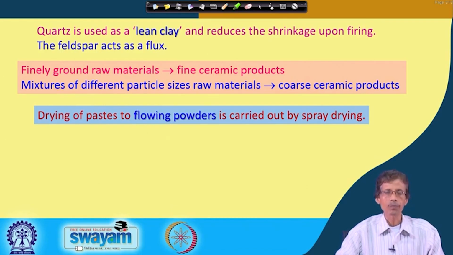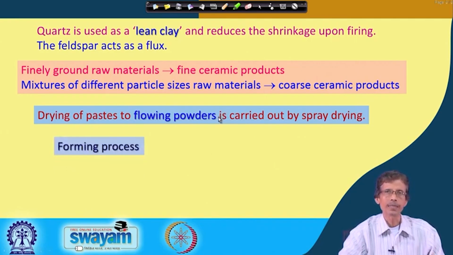To get that free flowing powder, we basically use spray drying. The material is sprayed and dried in a hot chamber. Then the next process after drying is the forming process of getting this particular ceramic material.